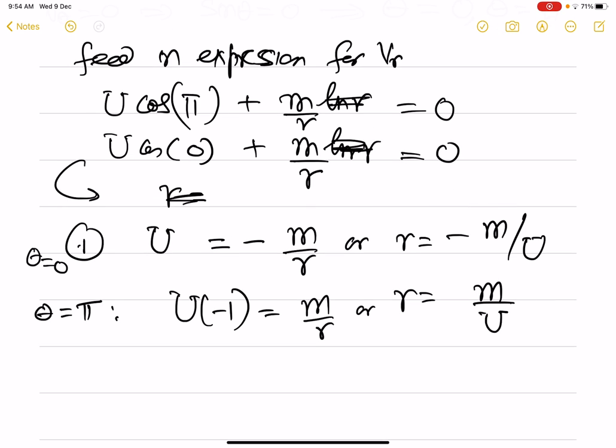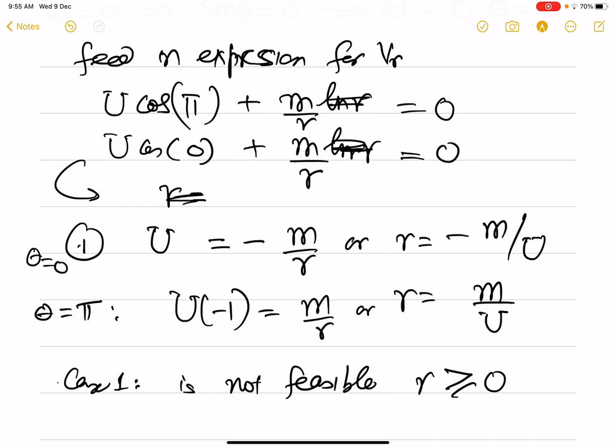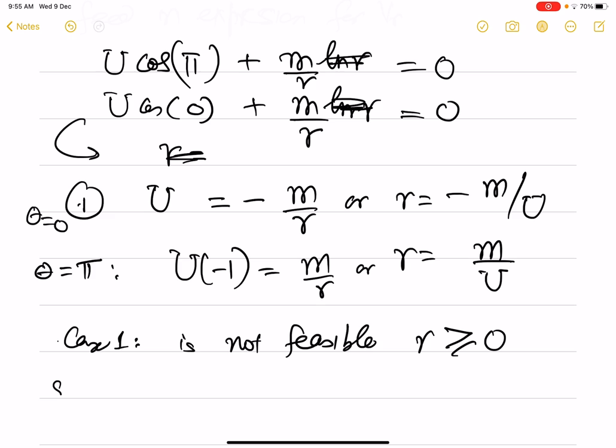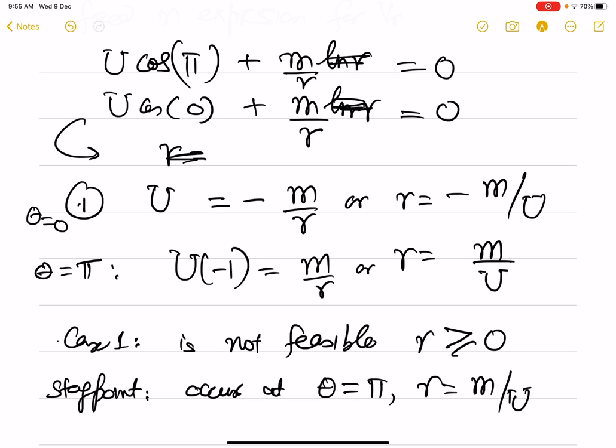Now obviously case 1 is not feasible because r is always greater than or equal to 0. That means the stagnation point occurs at theta equal to pi and r equal to m by u.